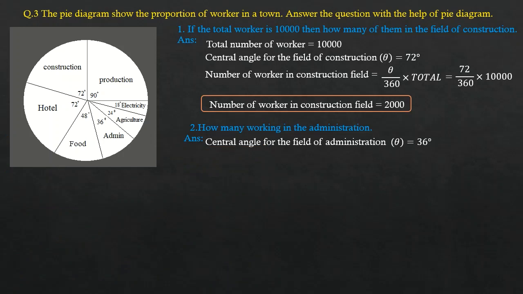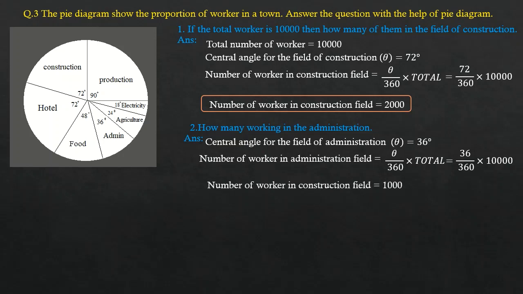So data for administration field, which is number of workers in administration field, is equal to theta upon 360 multiplied by total. Theta is 36 degrees upon 360 multiplied by 10,000. So simple simplification gives you number of workers in the administration field is 1000.